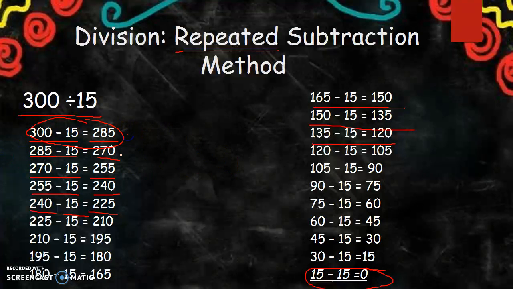So we have 1, 2, 3, 4, 5, 6, 7, 8, 9, 10, 11, 12, 13, 14, 15, 16, 17, 18, 19, and 20. So that means 300 divided by 15 is equal to 20.